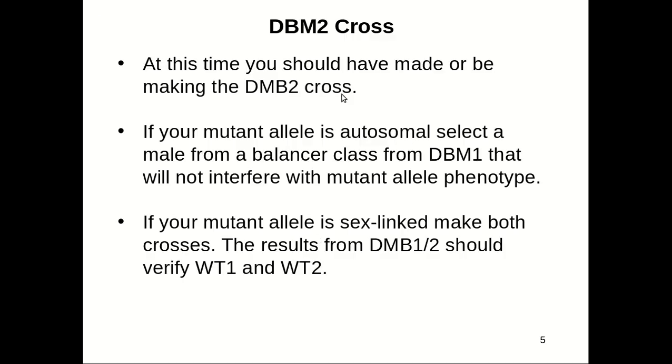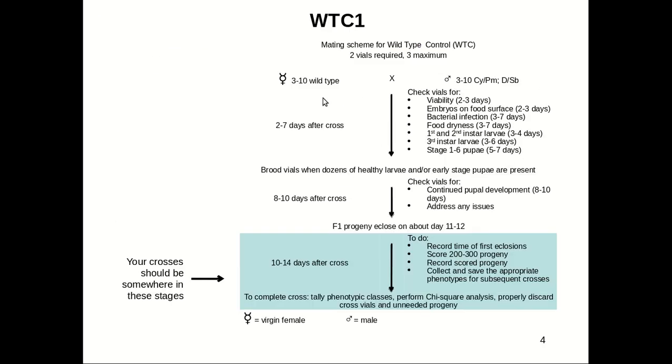So make sure you know what you're crossing. So wild type, and here are our other mutants that we're using to figure out where on your chromosome and the nature of your mutant.